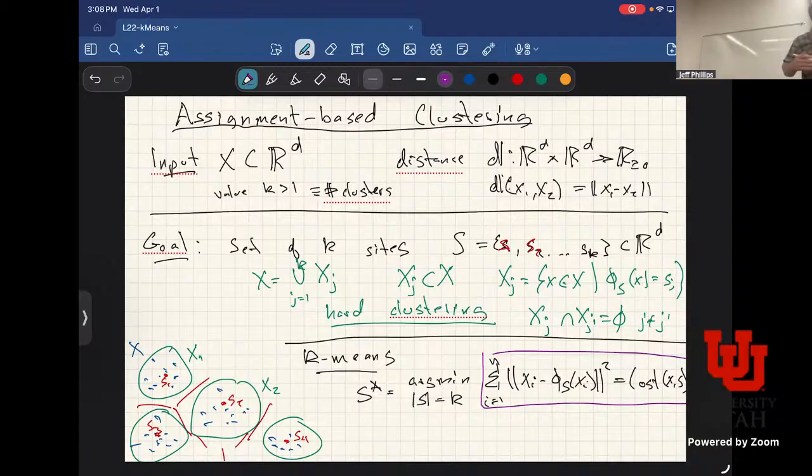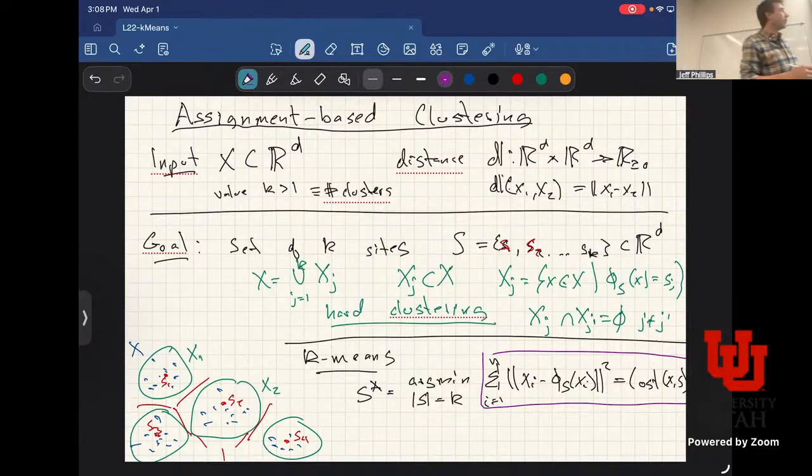Okay, so as is common in data analysis, usually before you write down the algorithm, you say, here's some cost function I would like to optimize, and then we try and figure out an algorithm for how to optimize this cost function. And so this means we have to trust the notion of the distance.